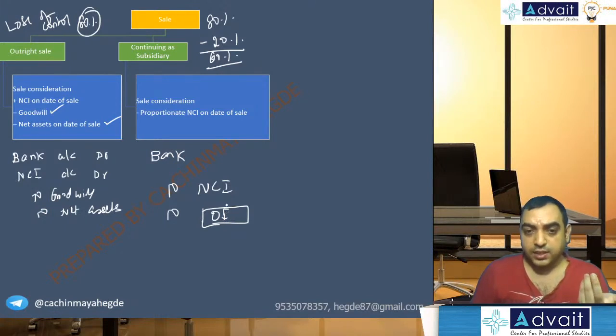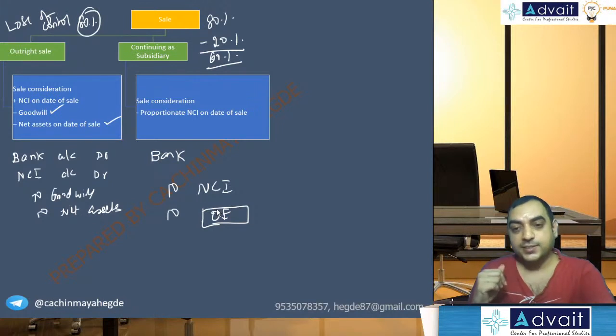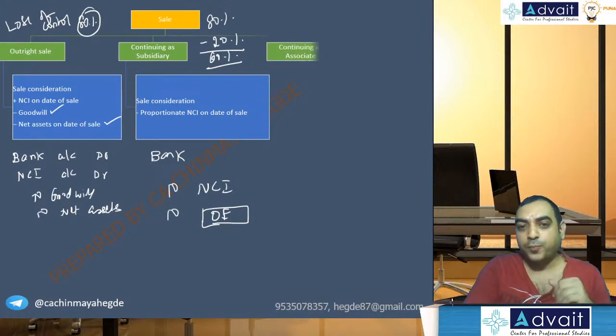It is just like what you had in multiple acquisition, but opposite. In multiple acquisition, holding company share increased and NCI share decreased. In this illustration, it is reversed: holding company share reduces and the NCI share increases.